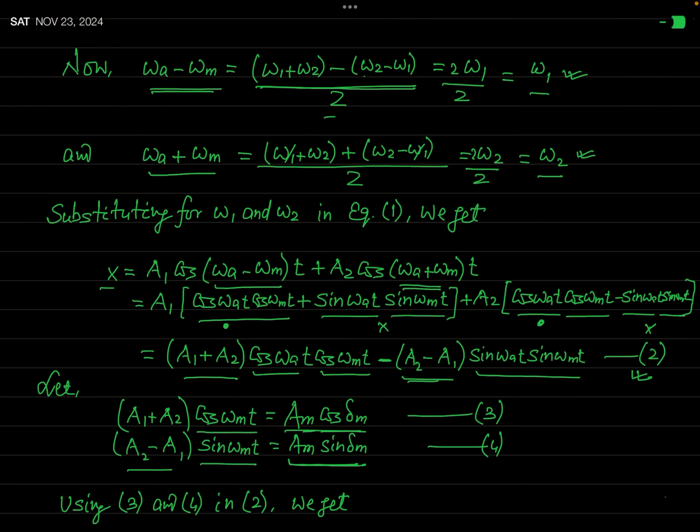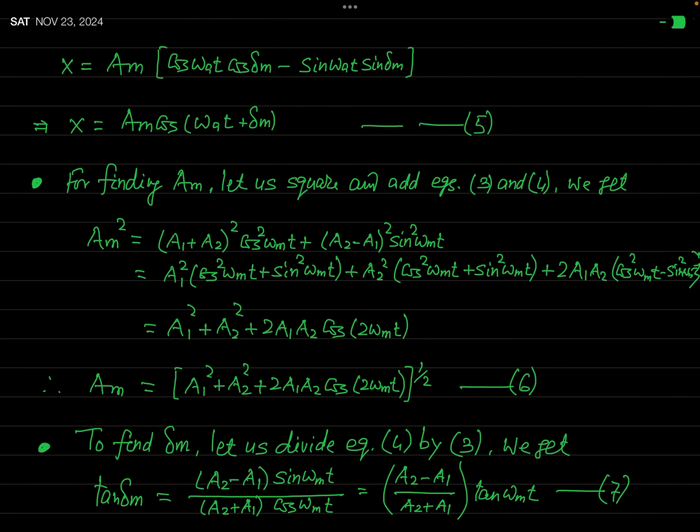After substituting these, equation 2 becomes x equal to Am times [cos omega at times cos delta m minus sine omega at times sine delta m].